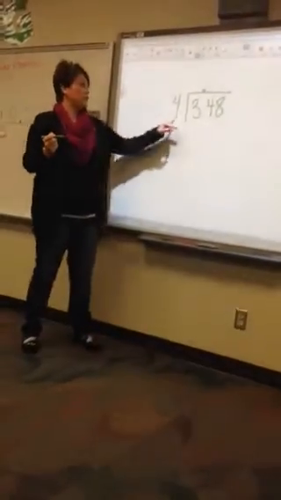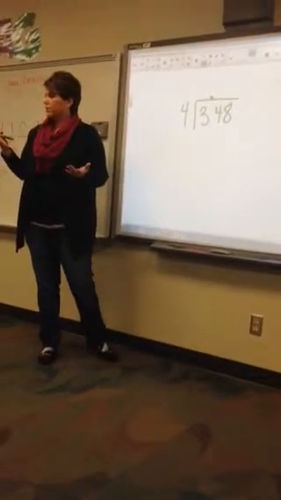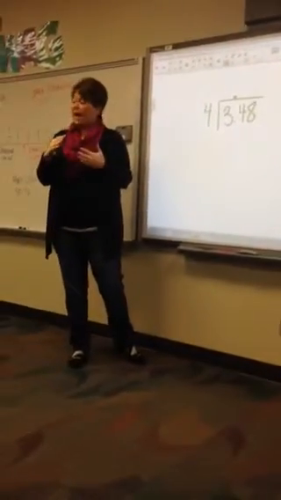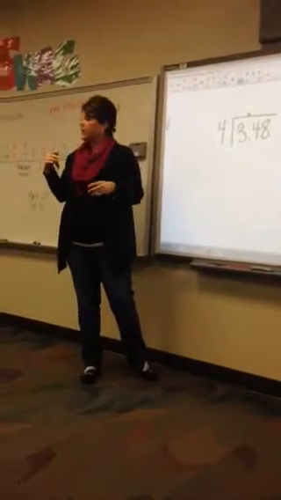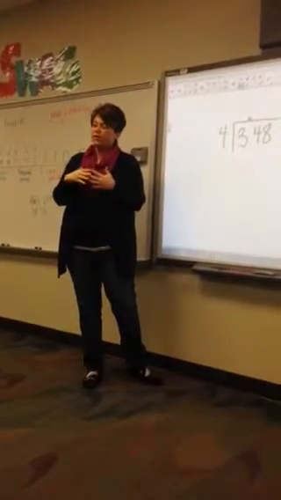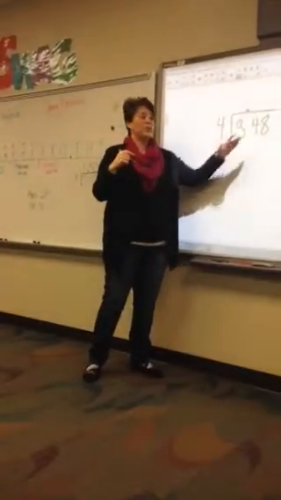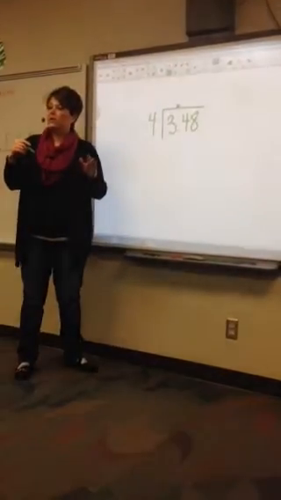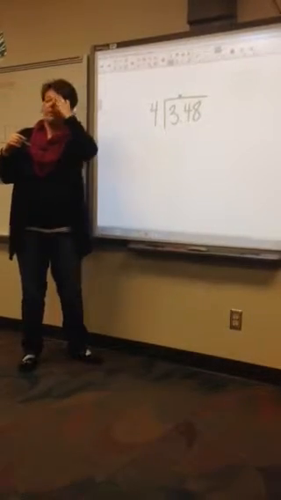You got it. Can 4 go into 3? No. What did your book put there? 0. They put a 0. I'm cool with if you want to put a 0 there or not. The book's already printed it in there for you, so this time keep it. But when you divide on your own, either way is fine with me. Now I'm going to ask, can 4 go into 34? Yes. How many times? 8 times.